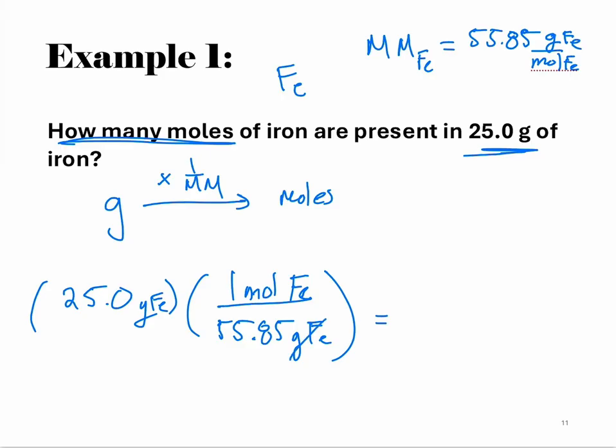They cancel out, and I'm just left with moles of iron, which is what I want. So 25 divided by 55.85 will be about 0.448. We're given 3 sig figs, so we end with 3 sig figs: 0.448 moles of iron.